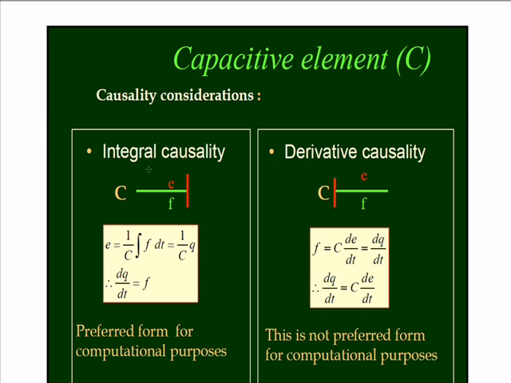If you have a C element and you have this type of causality, this follows this equation. E is equal to 1 over C times the integral of the flow dt, or 1 over C times Q, because the integral of f is Q. Consequently, the derivative of Q dt is f.